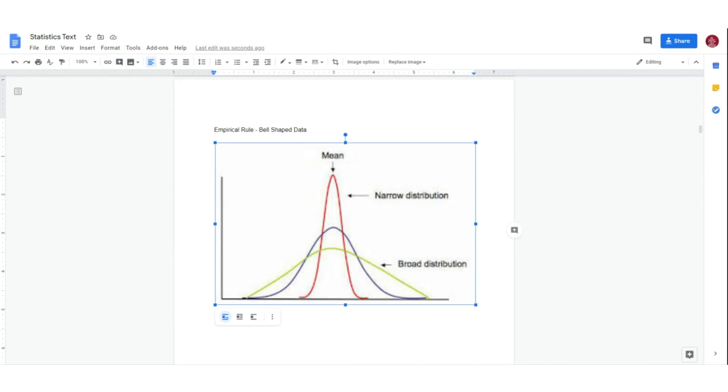You can have ones that are skinny and ones that are fat and ones in between, and the empirical rule will always apply in either case, because you still have 100% underneath there, 50% on either side because it's symmetric.